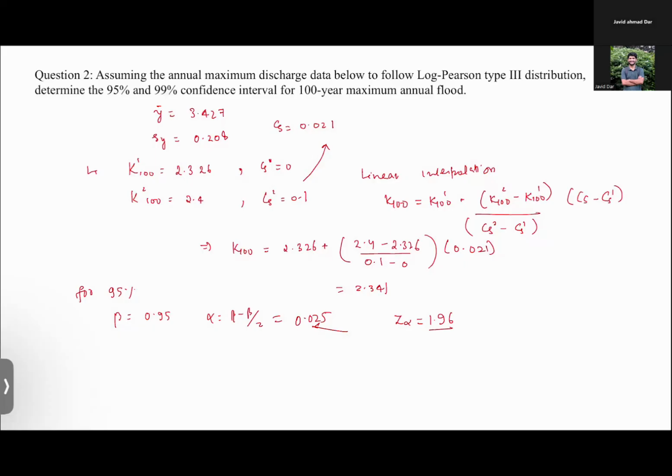So what we need to do first is to calculate the value of A, which is 1 minus Z alpha square divided by 2 into N minus 1. N is 40 in this case, so this is going to be 40 minus 1. The value comes out to be 0.951.